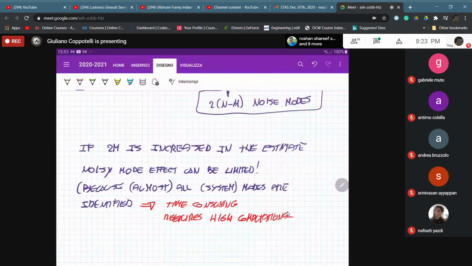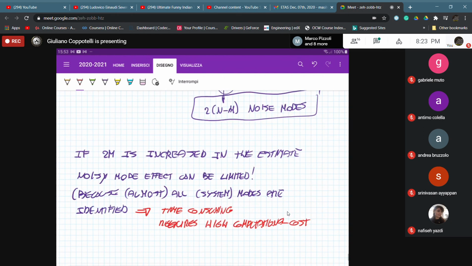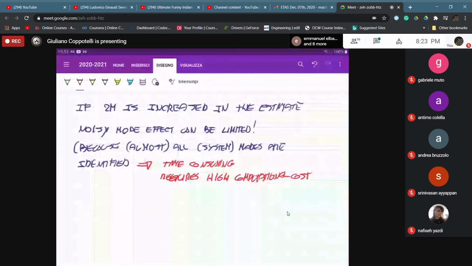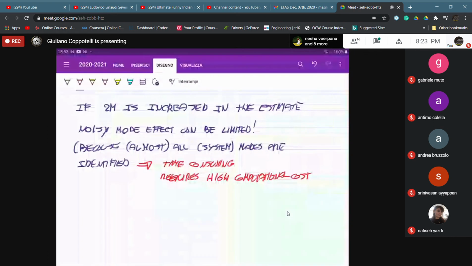Okay, so the idea of identifying all the structural modes in this equation, just by having 2m as large as possible, is not a good one from the practical point of view, because it requires a lot of computer resources and it takes a lot of time. In order to have this identification of the noisy modes with respect to the structural ones, we can introduce what we call the model and alternative.